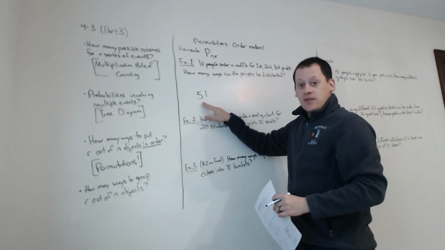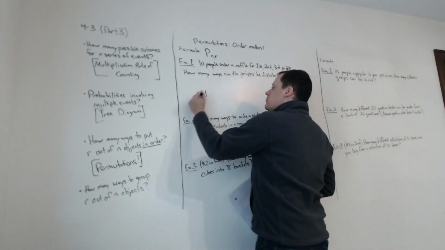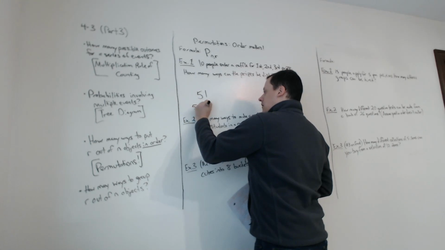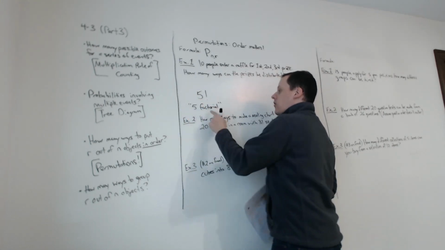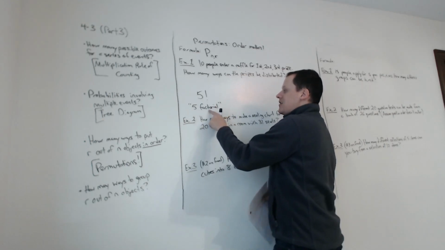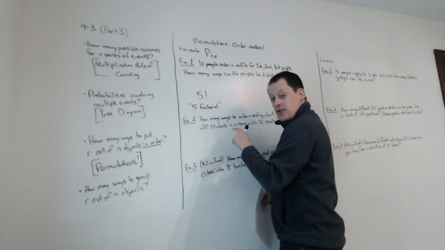But this is actually mathematical notation. This is what we call a factorial. So that exclamation mark is called a factorial. This is 5 factorial.